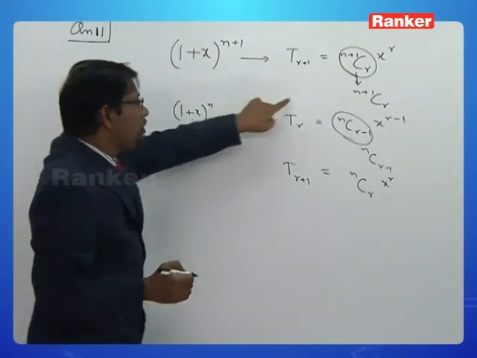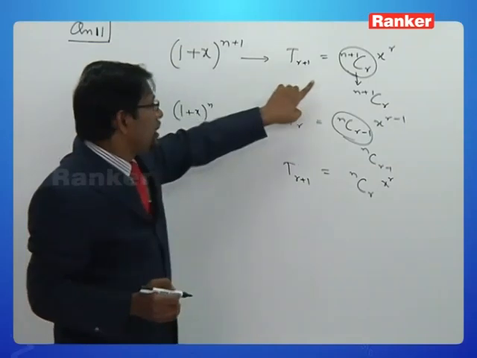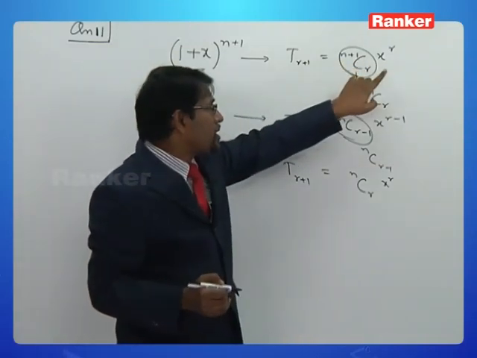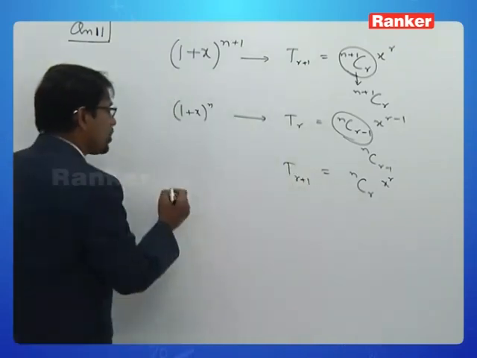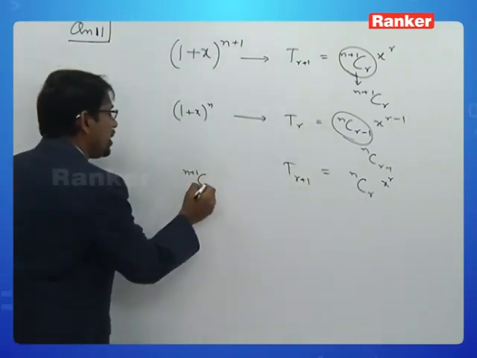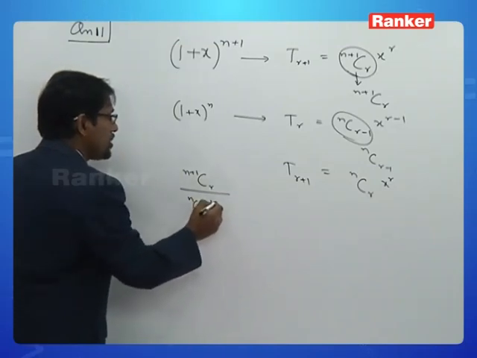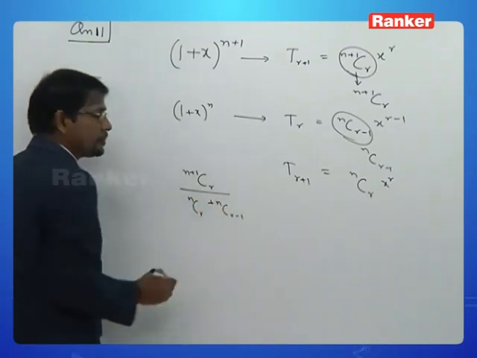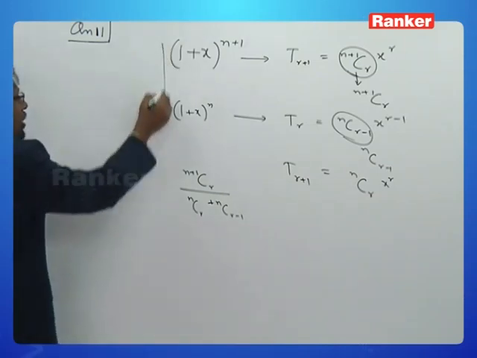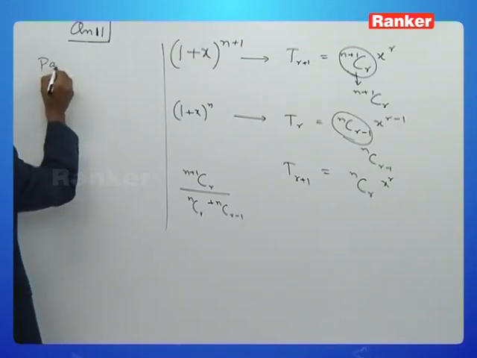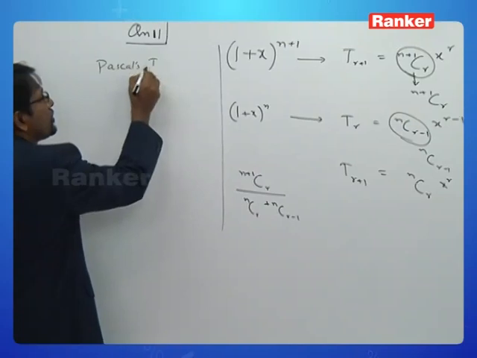He says we have to take the ratio of the coefficient of the (r + 1)th term in this expansion and the sum of these coefficients. So (n+1)Cr divided by nCr plus nC(r-1). Now, here we have to bear one thing in mind. We have what is called Pascal's identity with binomial coefficients.